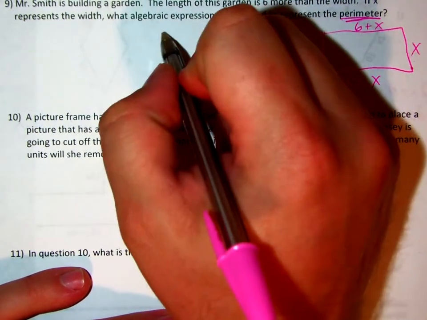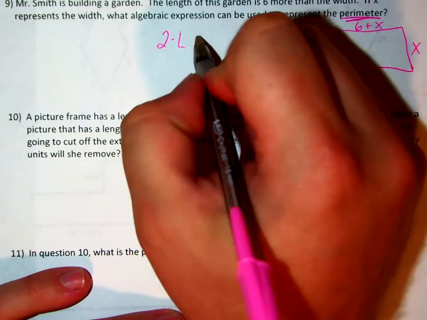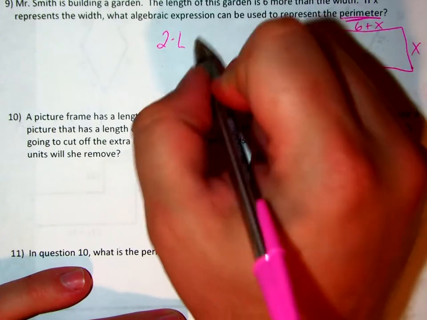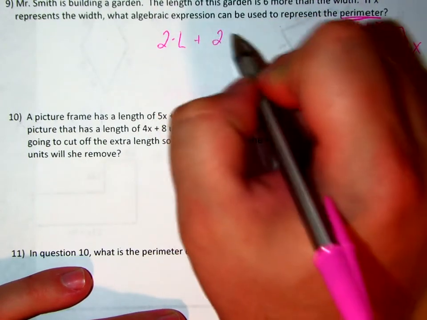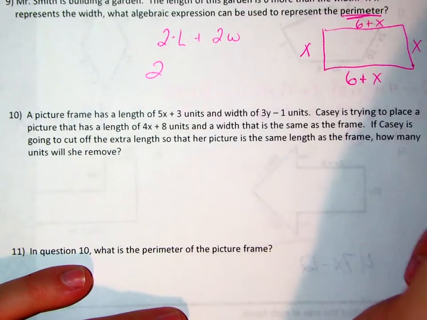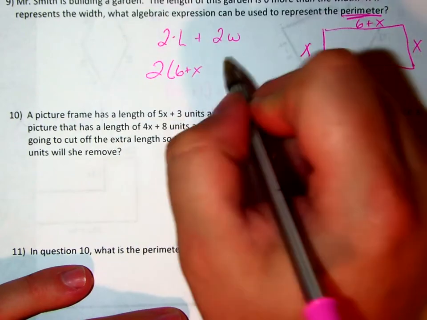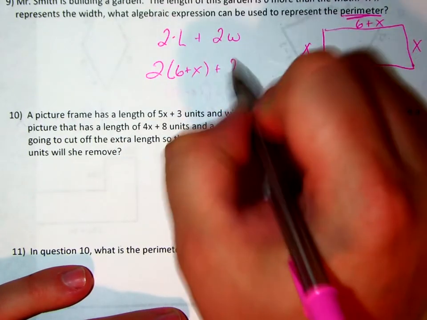And the equation we used in class was 2 times the length plus 2 times the width. And here our length is 6 plus x, and our width is x.